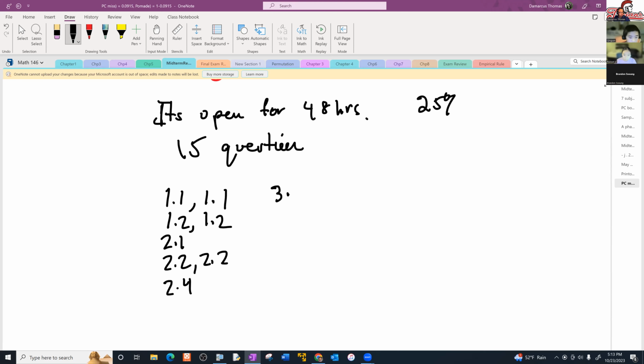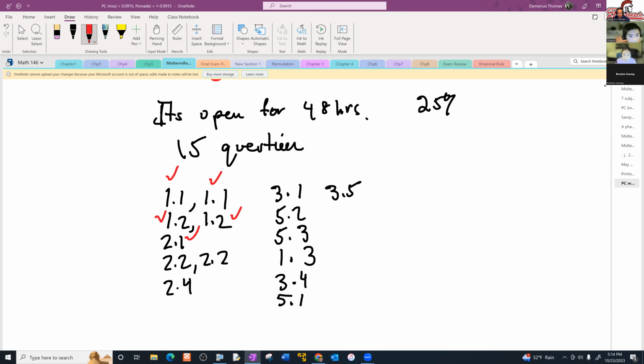There's also a 3.1, a 5.2, 5.3, 1.3, 3.4, 5.1, and then also a 3.5. So that should be 15 right there. 1, 2, 3, 4, 5, 6, 7, 8, 9, 10, 11, 12, 13, 14, 15.